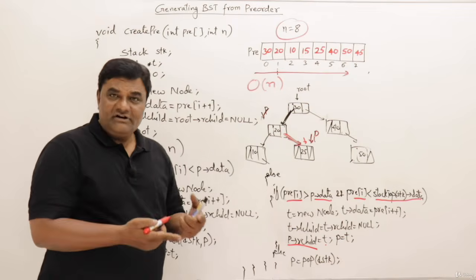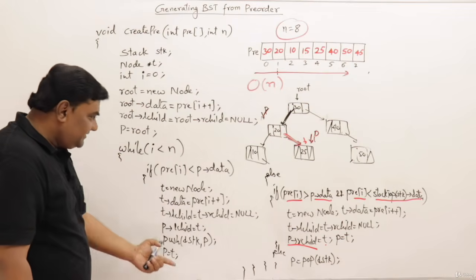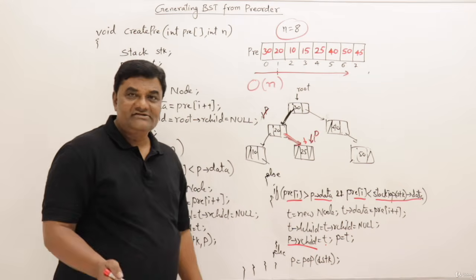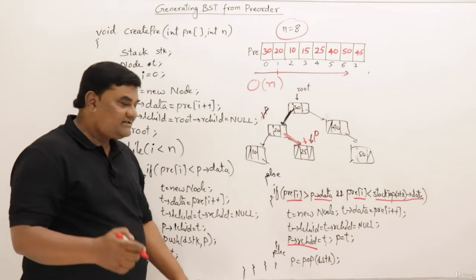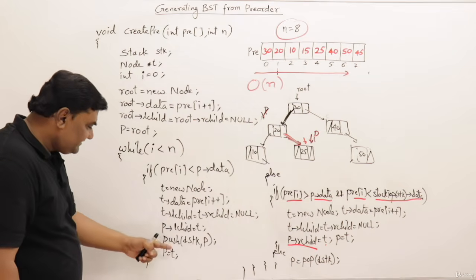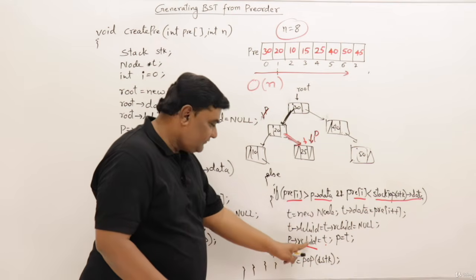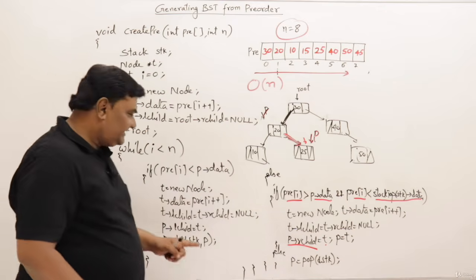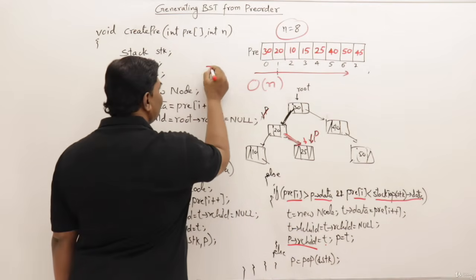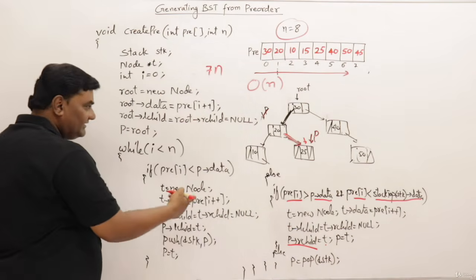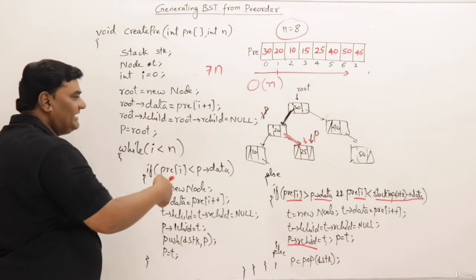The loop will repeat n times, and all the statements are simple statements only. All of them take constant time. If I count the steps also: 1, 2, 3, 4, 5, 6, 7. Otherwise this may happen: 1, 2, 3, 4. So maximum 7. So I should say 7n. 7 steps are there, 7 times n.